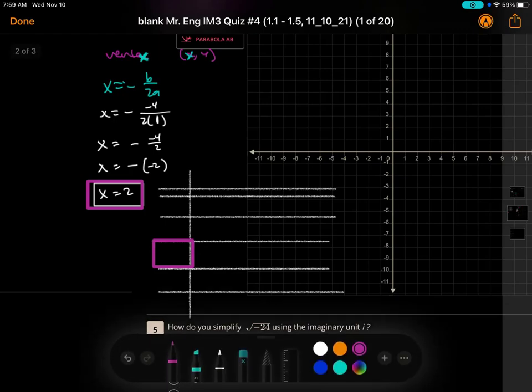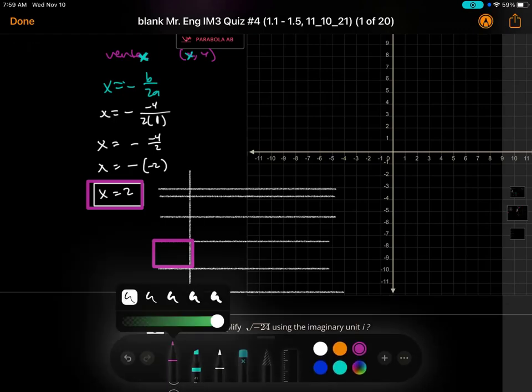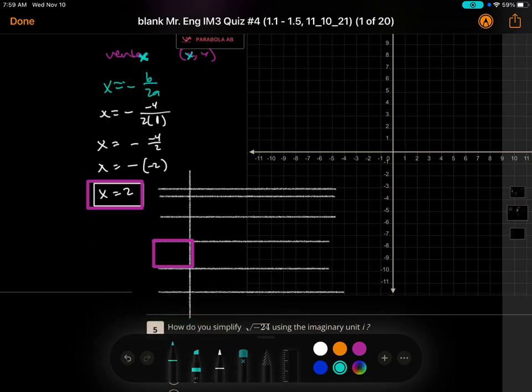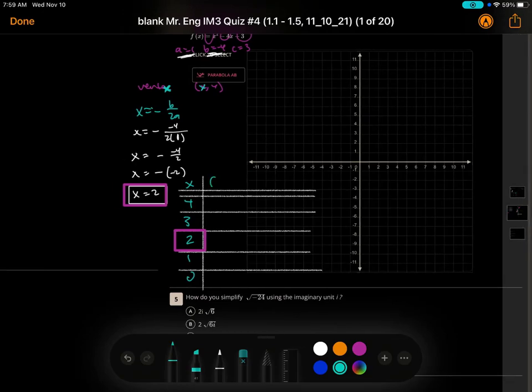Where did my colors go? So I put 2 here, and then you can just count up and down. And what I'm doing is I'm just putting it into that function, f of x equals x squared minus 4x plus 3.